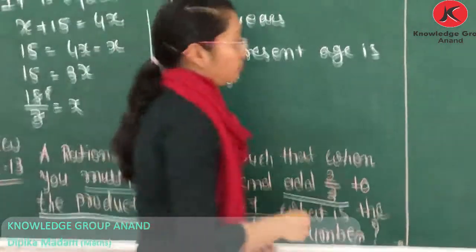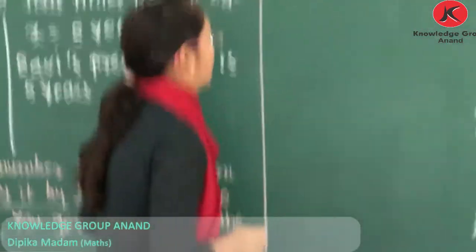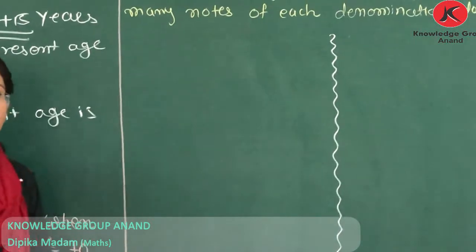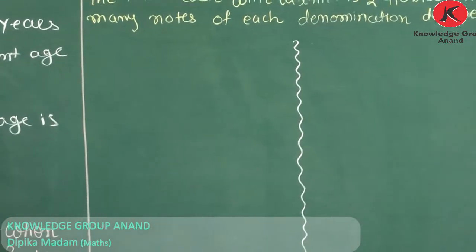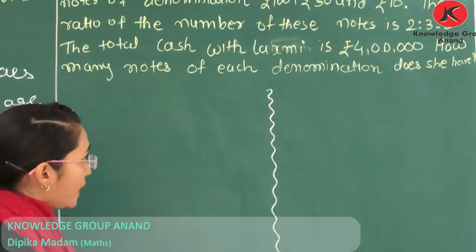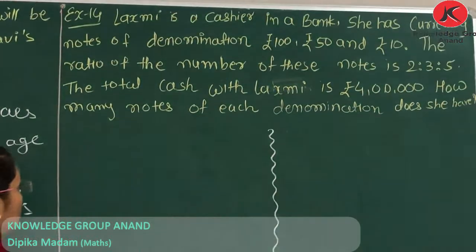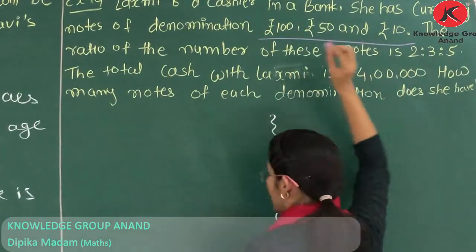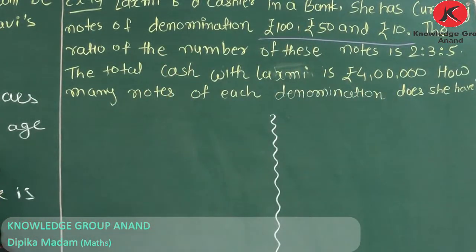Okay. Now example 14, that is also the same as the number of notes we already calculated in the previous video. Lakshmi is a cashier in a bank. She has currency notes of denomination 100, 50 and 10. Some notes are of 100, some notes are of 50 and some notes are of 10.